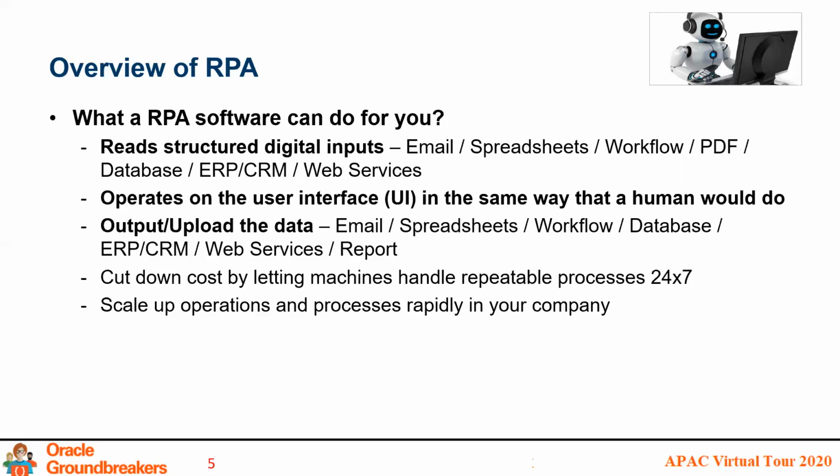It can enter transactions in ERP and CRM applications. It can initiate a web service. It can run reports as well. It can cut down the cost by letting machines handle repeatable processes 24/7. It scales up operations and processes rapidly in your company.